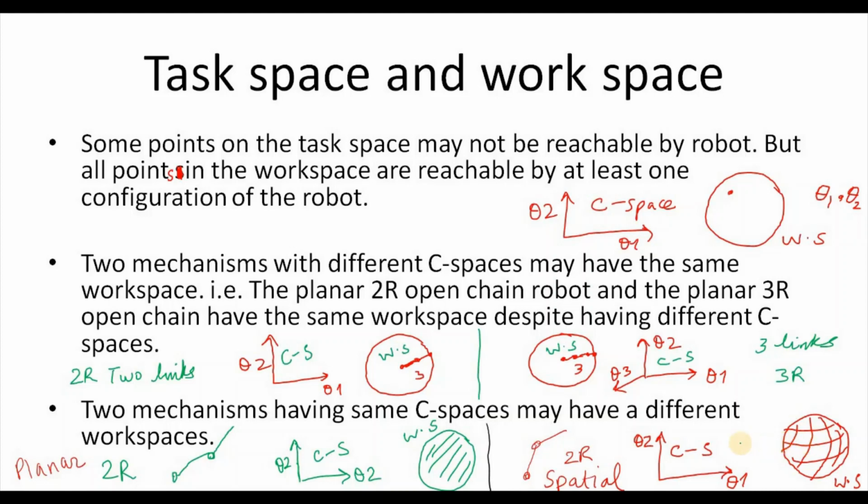This proves that two mechanisms can have the same-looking configuration space, like here with θ1, θ2 and θ1, θ2, but the workspaces look different. The topology may be different.